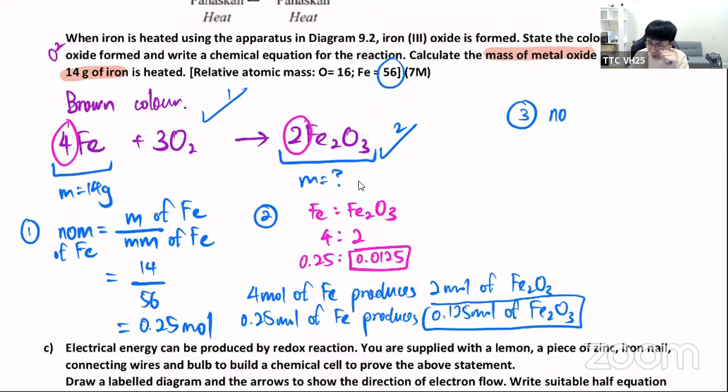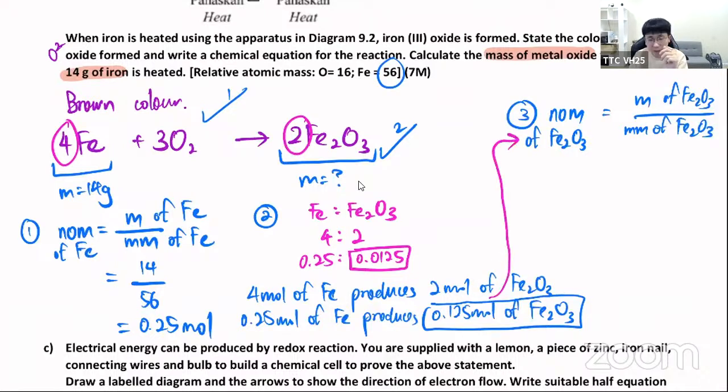Therefore, number of mole of Fe2O3 equals mass of Fe2O3 over the molar mass of Fe2O3. So we put 0.125 inside here, and you'll get 0.125 equals mass of Fe2O3 over molar mass.